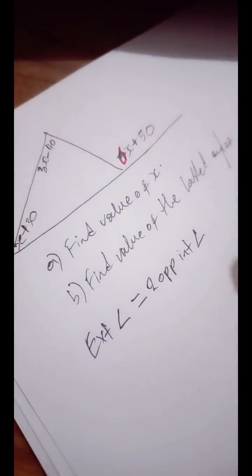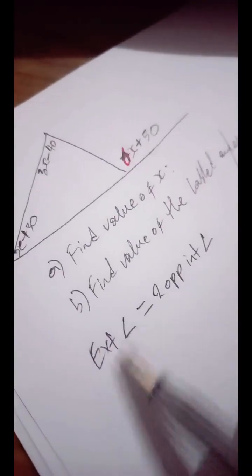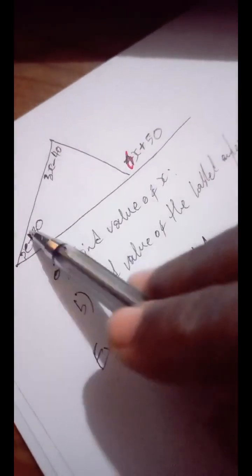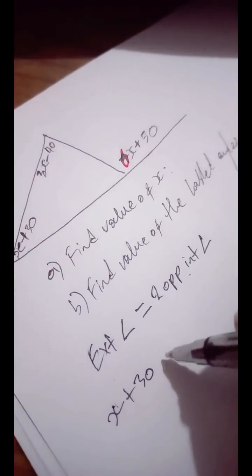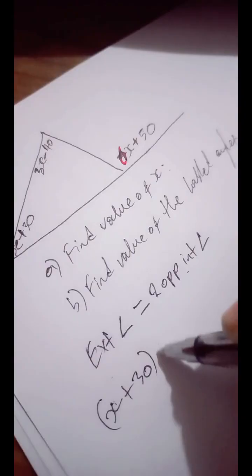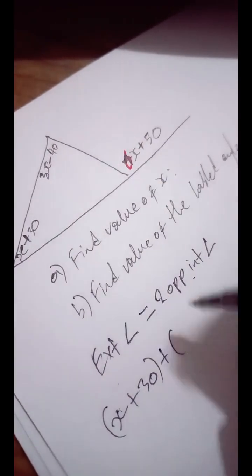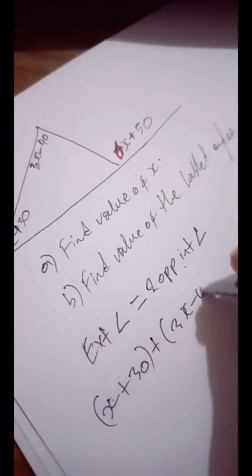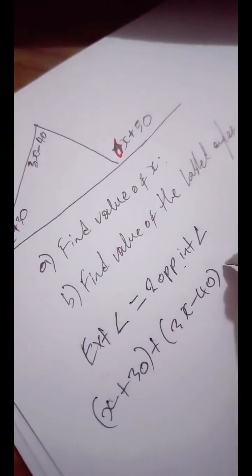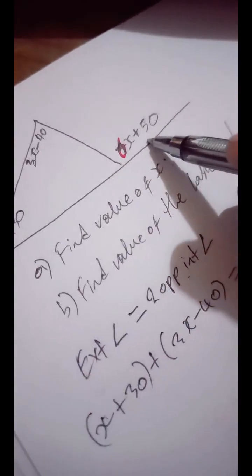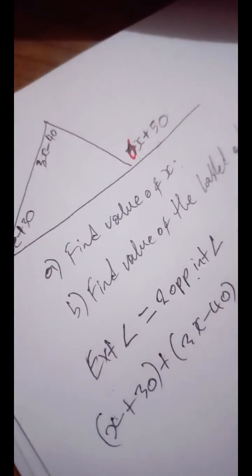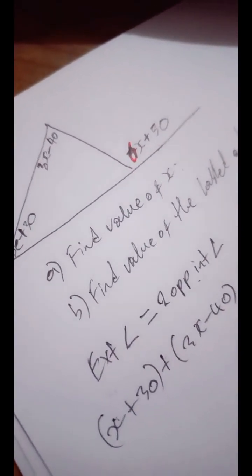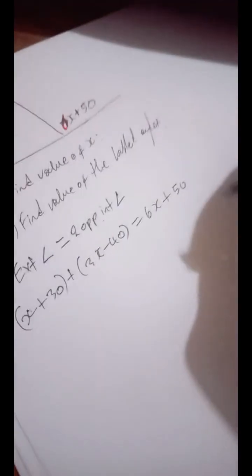This is just a shortcut. So now we are saying these are the two, right? x plus 30, put it in brackets, and then plus 3x minus 40, put it in brackets, is equal to 6x plus 50.